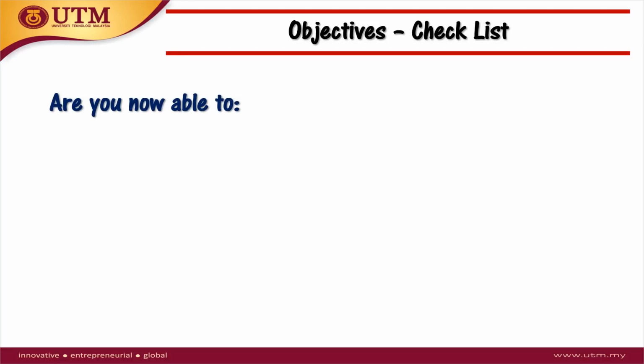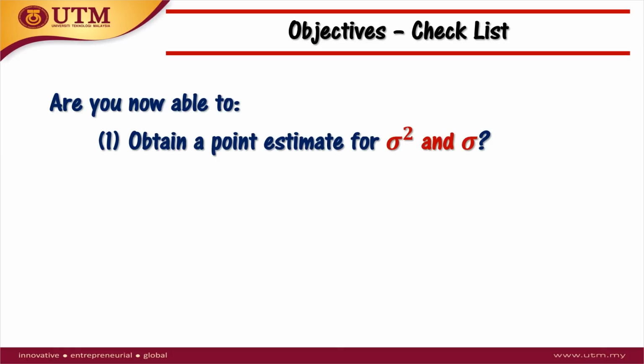Are you now able to obtain a point estimate for sigma squared and sigma? You should already know by now that the point estimate for sigma squared is the sample variance S squared, and the point estimate for sigma is the sample standard deviation S.